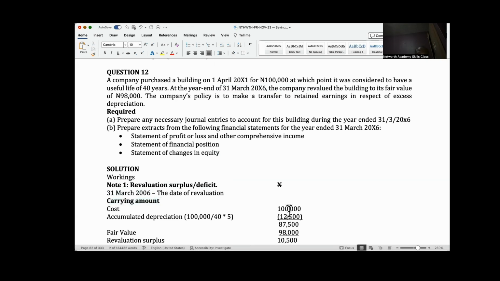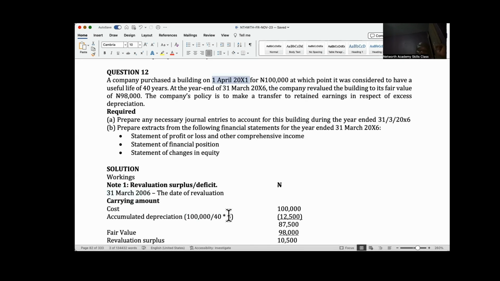My cost from this question is 100,000. My accumulated depreciation is my cost over the useful life, which is 40 years. That gives me depreciation per annum. Since the date of revaluation is 31st March 2006, and we acquired this asset on 1st April 2001, we must have depreciated from April 2001 to March 2006, which is March 2002, March 2003, March 2004, March 2005, March 2006: 5 years.